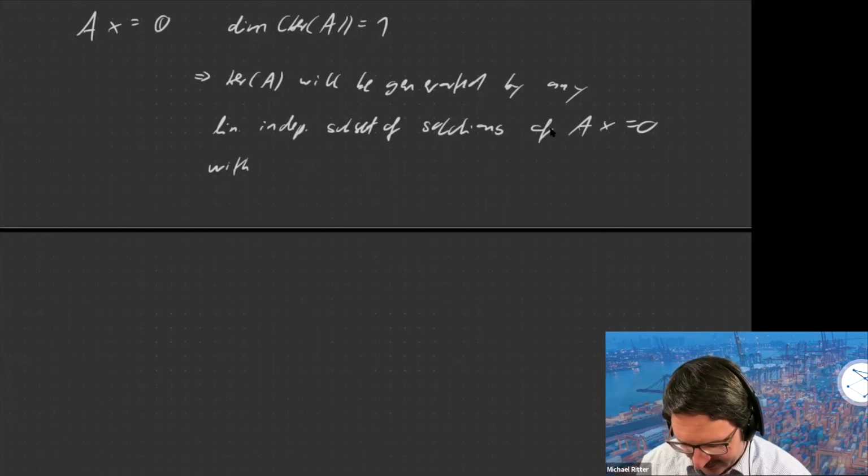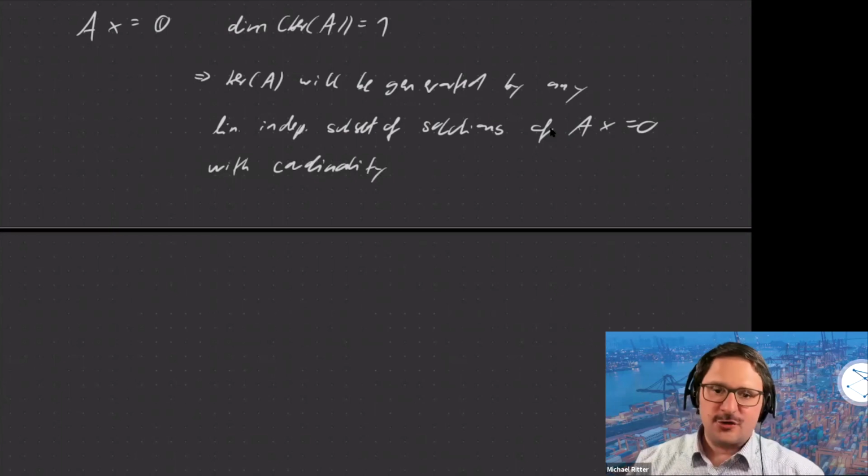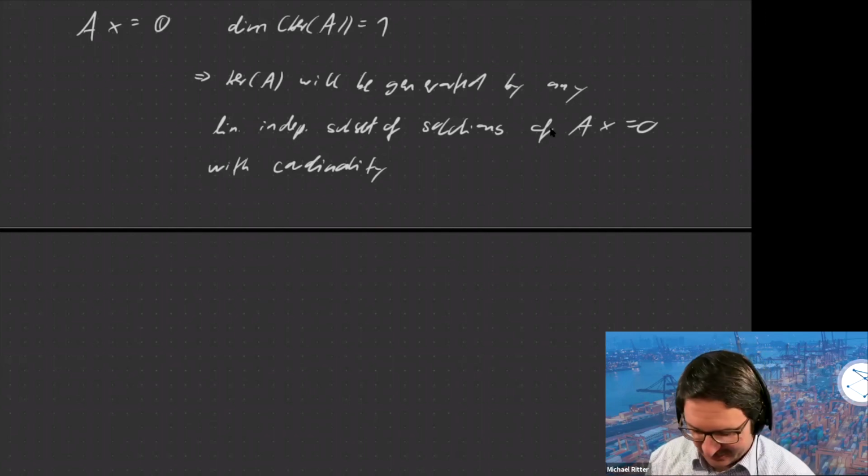I say cardinality to make clear what I mean here. So I need a set of one linearly independent vector that solves the system. And of course, any solution will do that, with one exception: I can't use a 0 vector because that is not linearly independent.